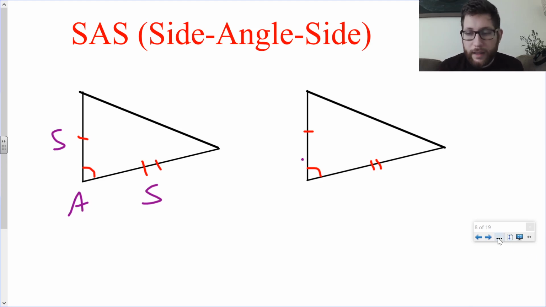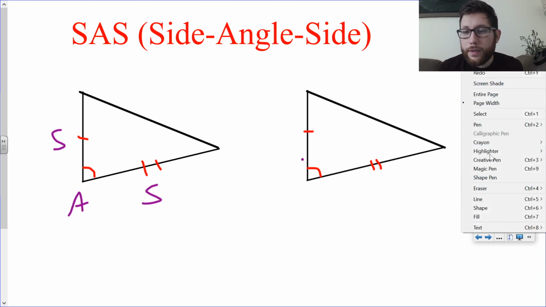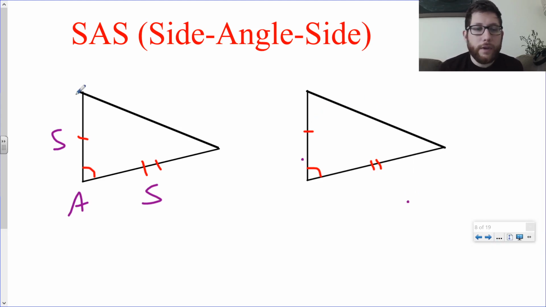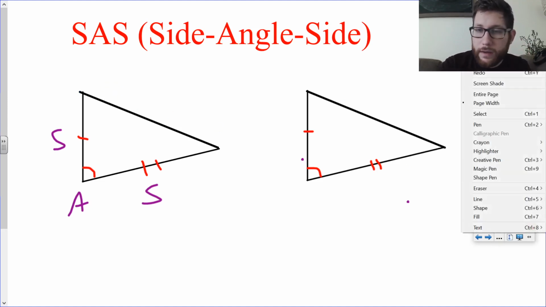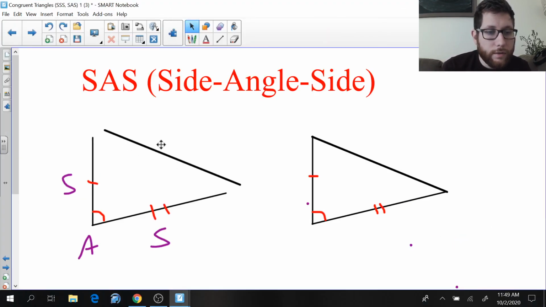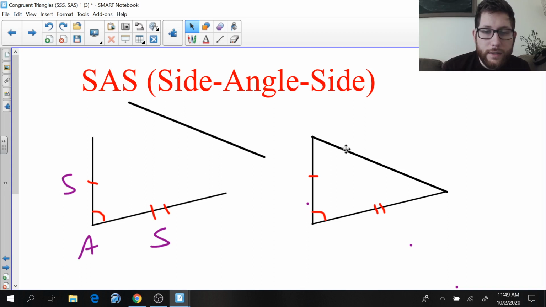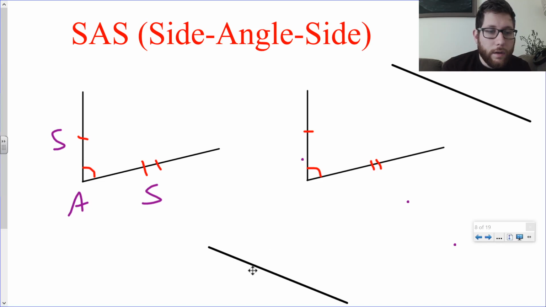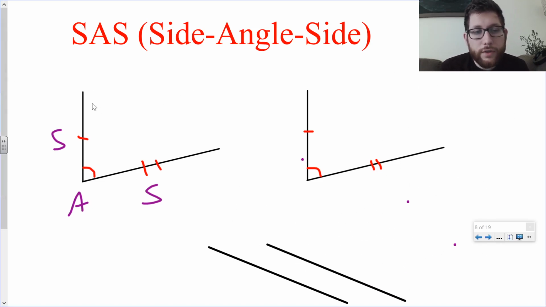Now, it should hopefully make a little bit of sense that these work the way they do. Notice if we remove these lines right here, if I have side, angle, side on both of these figures, there's no way for those two endpoints to move.